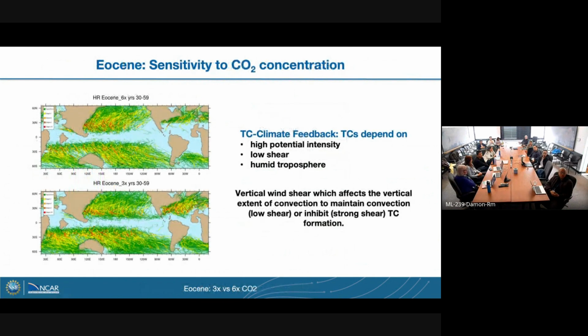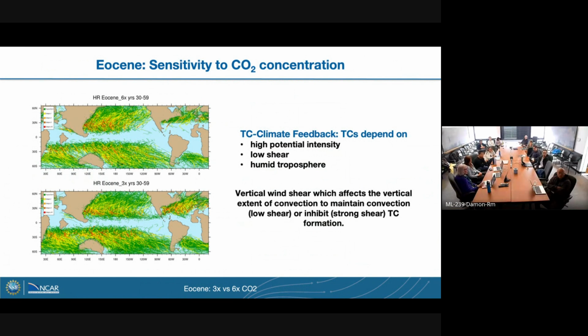So just finishing up, just 2 interesting things, just coming back to the Eocene here with the 3X on the bottom and the 6X. Tropical cyclones and climate have these feedbacks, and you need a high potential intensity, humid troposphere, but also low shear.